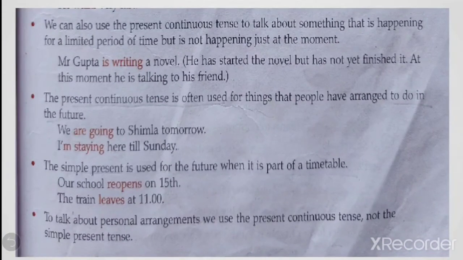Now look at here another use of present continuous tense. We can also use the present continuous tense to talk about something that is happening for a limited period of time, but it's not happening just at the moment.